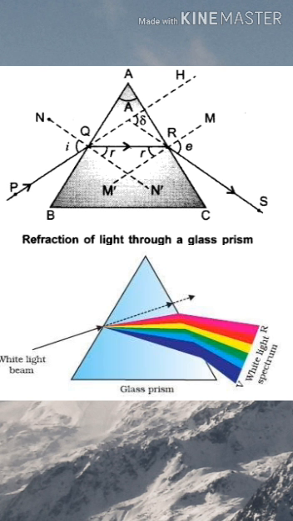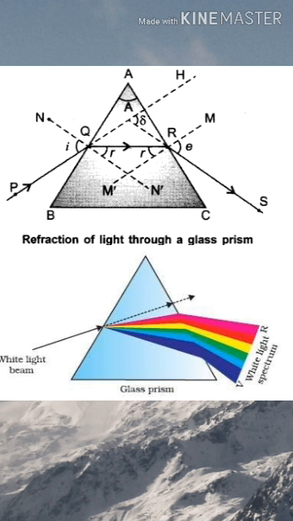Next, we talk about the prism. When white light is passed through a prism, it deflects as a rainbow. You are seeing the image of refraction of light through a glass prism. When light travels from P, it deviates in the middle of the prism from its straight path, and again at point R, it deflects downwards at angle S. You can see the prism diagram.